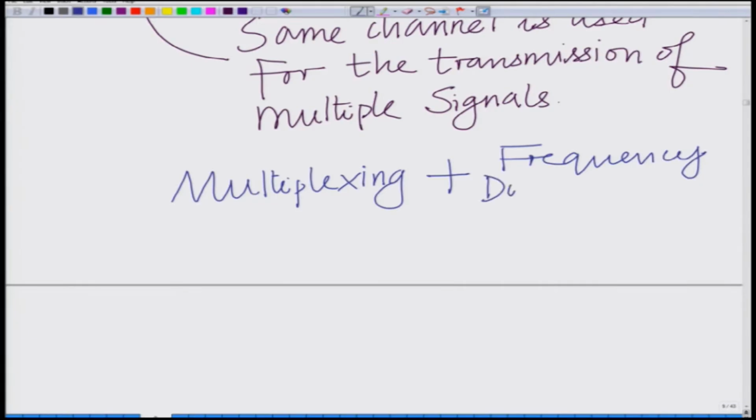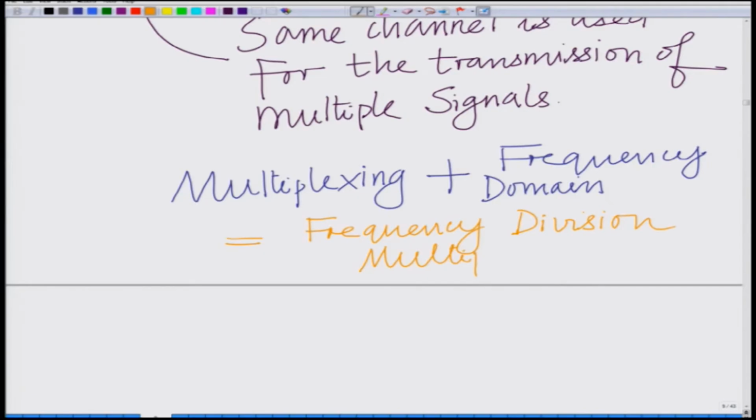So, when multiplexing is done in the frequency domain, that becomes frequency division multiplexing. Okay. So, frequency division multiplexing is FDM.